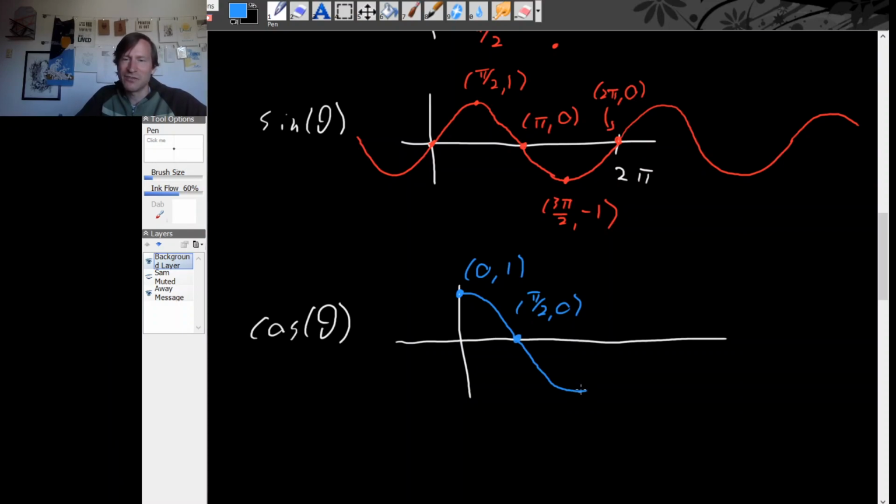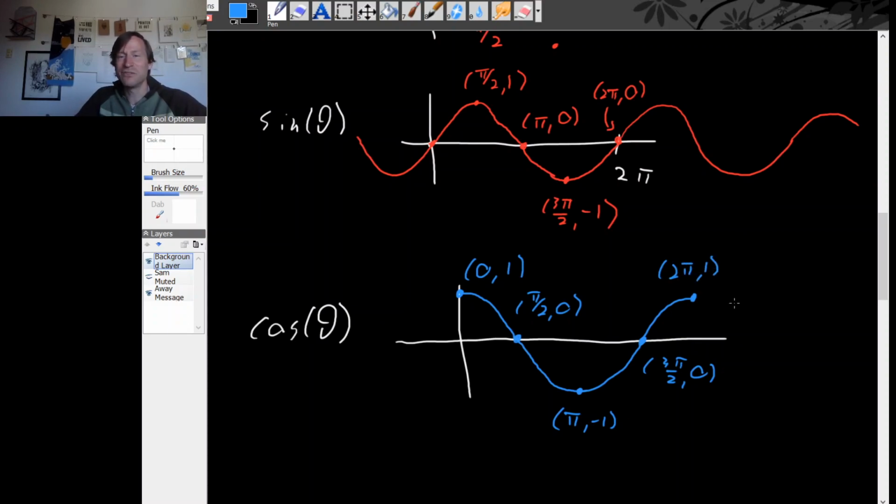The most negative value is at pi comma minus 1. Then it increases, it gets back to the horizontal axis at 3 pi over 2 comma 0, and then it gets back to the top at 2 pi comma 1.